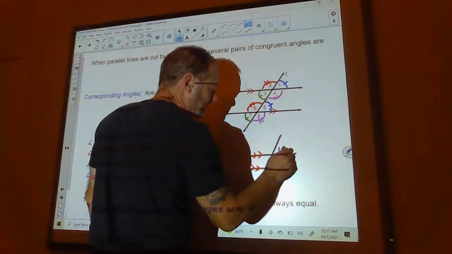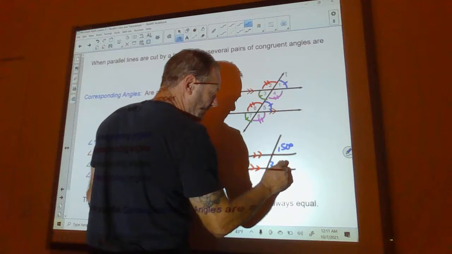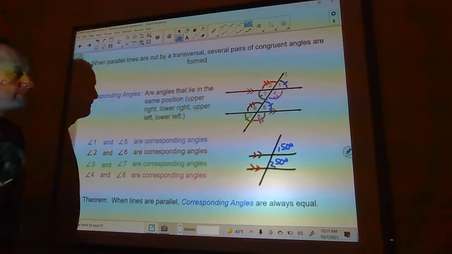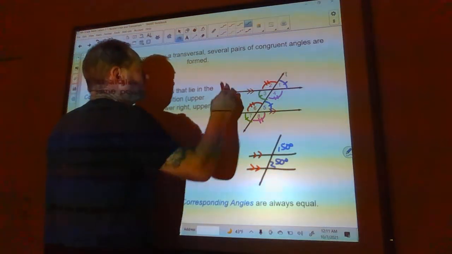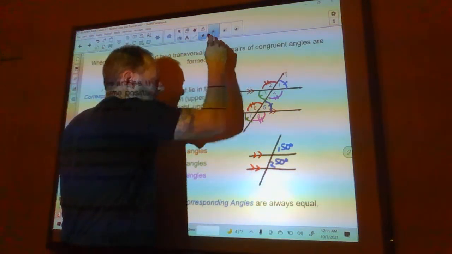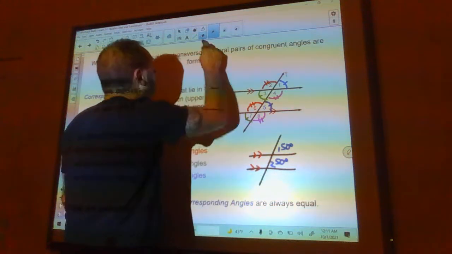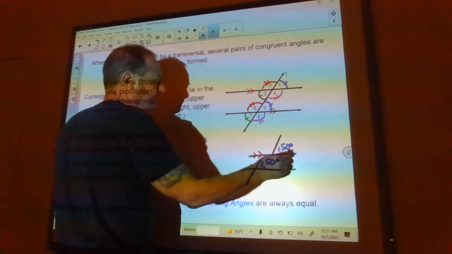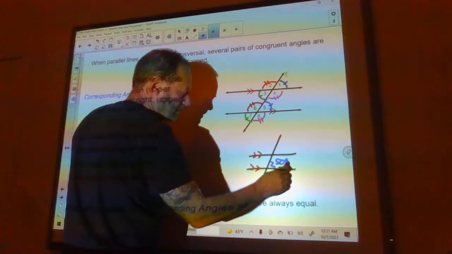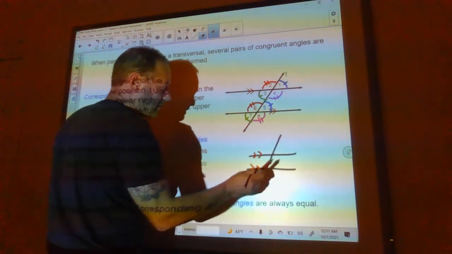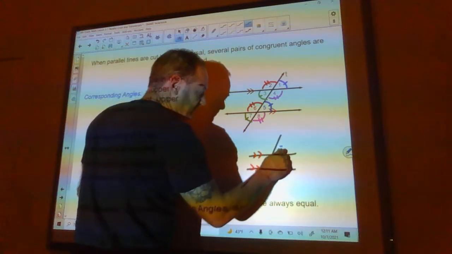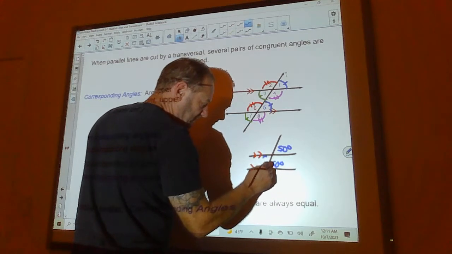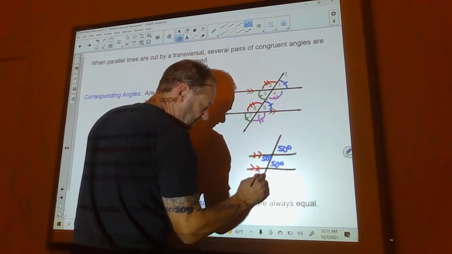So I know that if this is 50 degrees, then this one has to be 50 degrees. In fact, I know even more than that. There's basically only 2 angles here. If I knew this was 50 degrees, I know this is 50 degrees, this is 50 degrees, and this is 50 degrees.